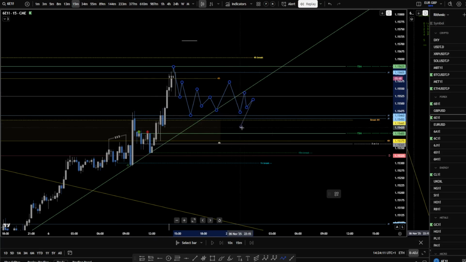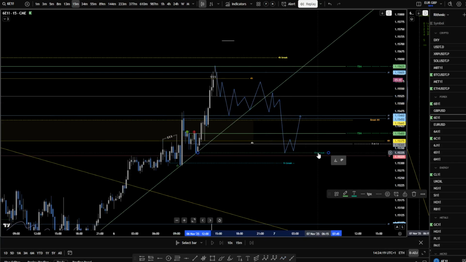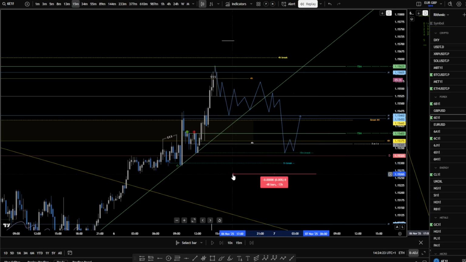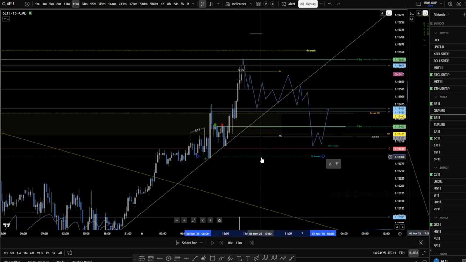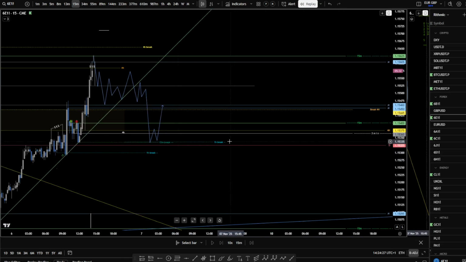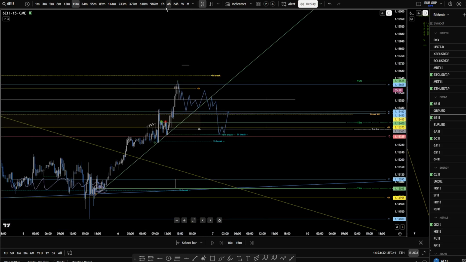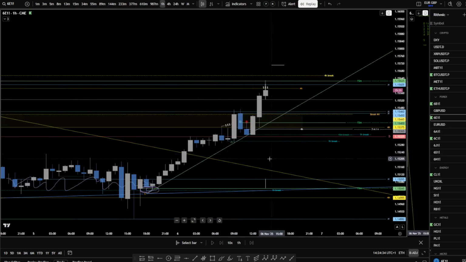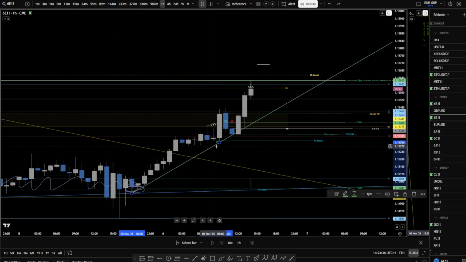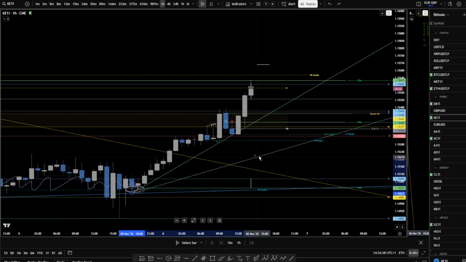Okay, this is the hourly. It can still go to here or even here to create an hourly break level from this 15 minute. And that would mean we are just recreating the structure on the hourly, and the 15-minute trend becomes an hourly trend.